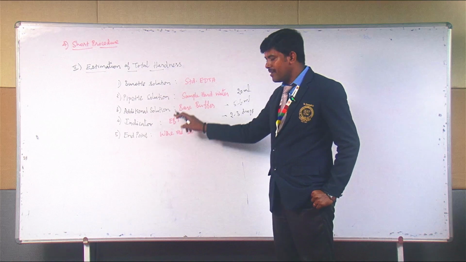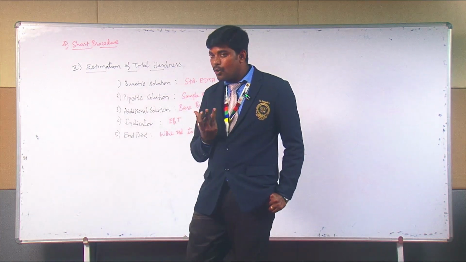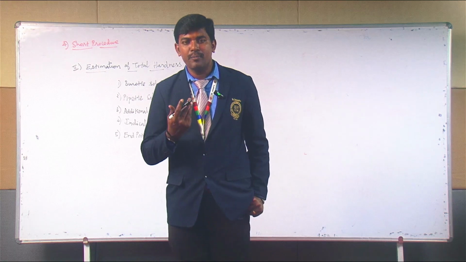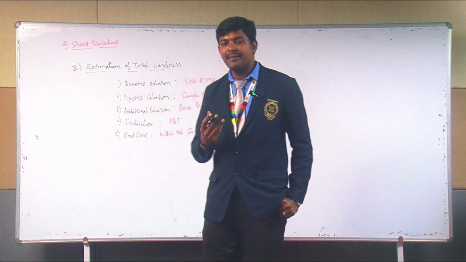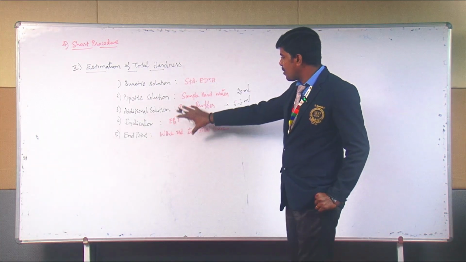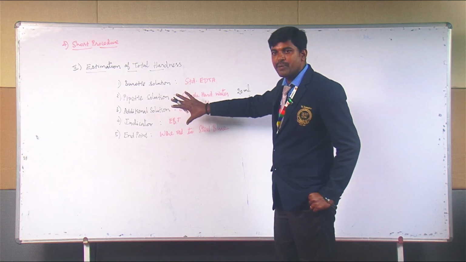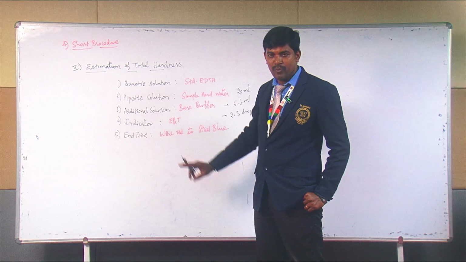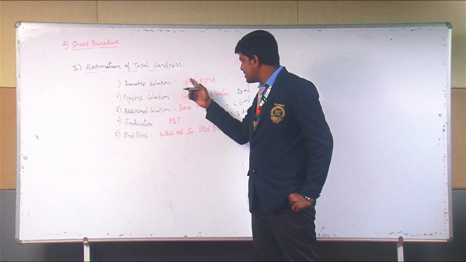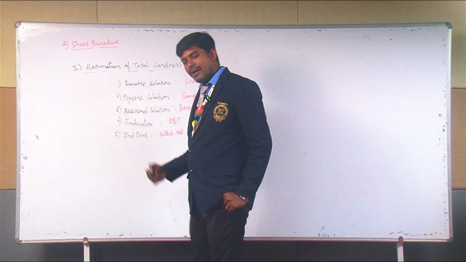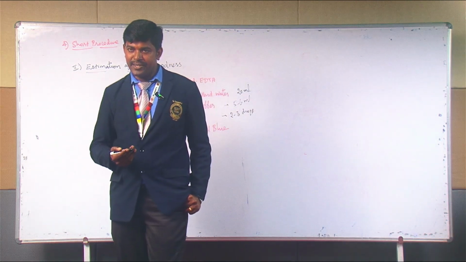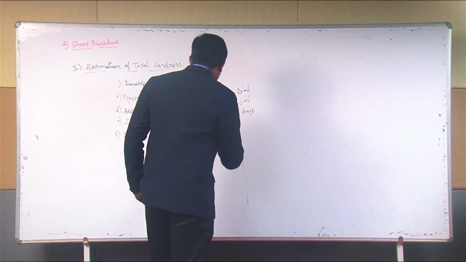While adding these three contents, it forms a weak calcium or magnesium complex with EBT, and that color is wine red. After the formation of the calcium magnesium EBT complex, it shows a wine red color, and when it is titrated against the standard EDTA, it becomes steel blue.